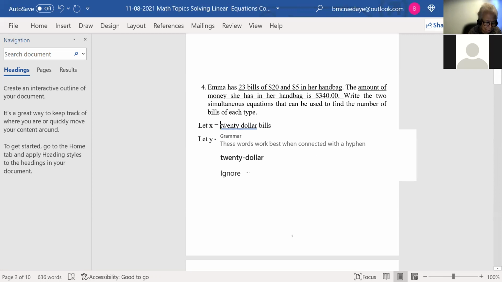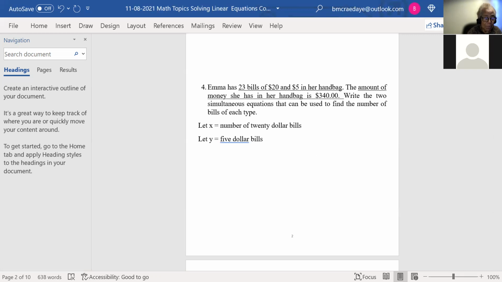Now, how did you show that the sum of the 20s and the 5s is equal to 23?